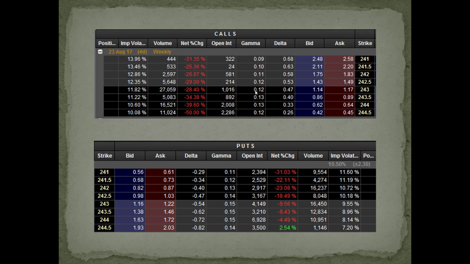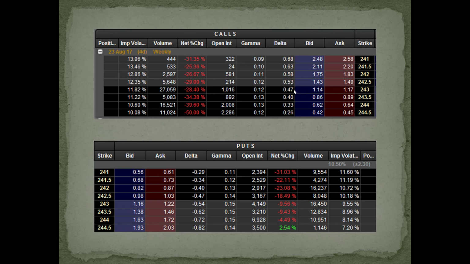Now, if you were to go with the slower, faster-accelerating contract with a higher gamma, like let's say 0.20, even though you're making less money on the contract per 10-cent move, the delta is increasing rapidly. On this 0.47, you're making a 0.047 increase on your contract per 10-cent move.